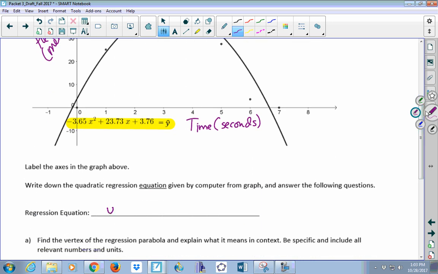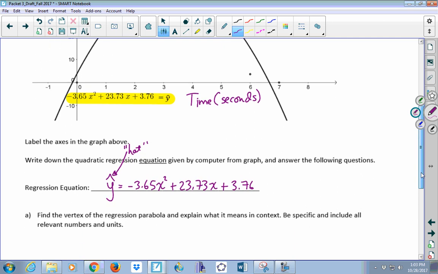And let's write that down. Y hat equals negative 3.65x squared plus 23.73x plus 3.76. Again, note the little hat on y helps us to remember that this isn't the actual data values we're getting, but estimates and predictions.